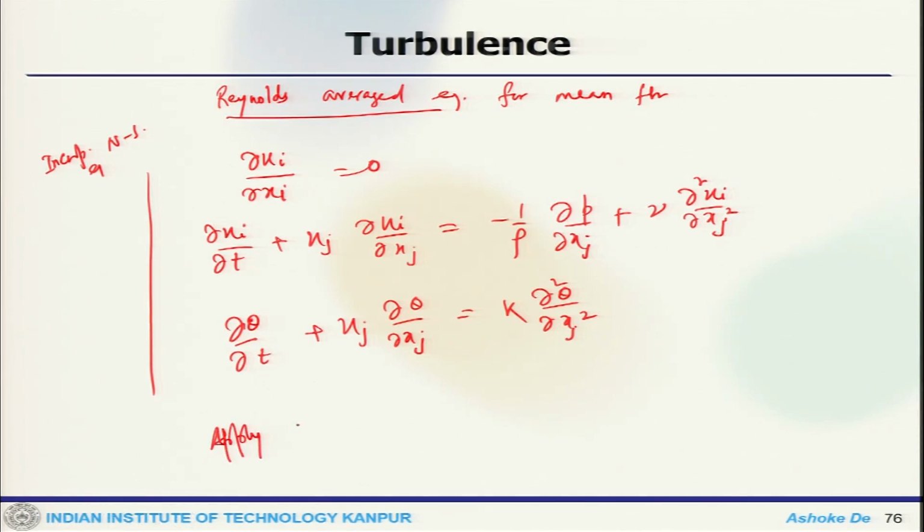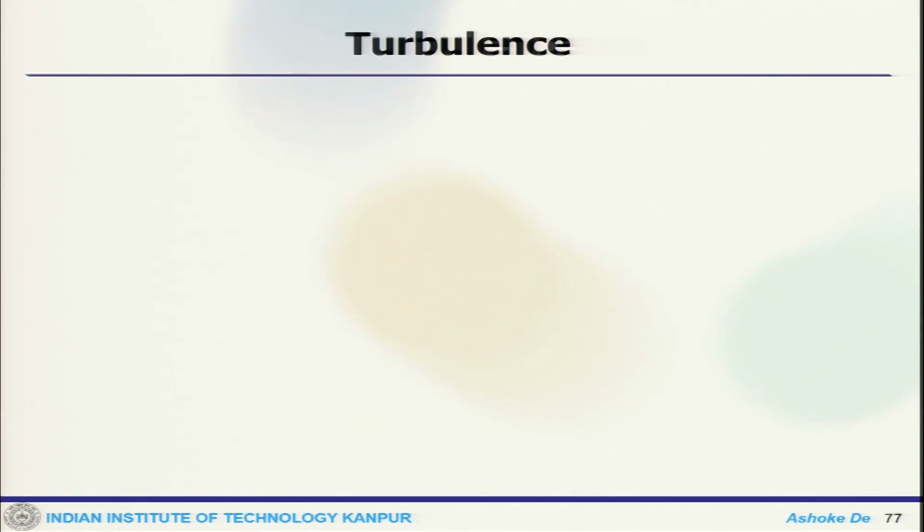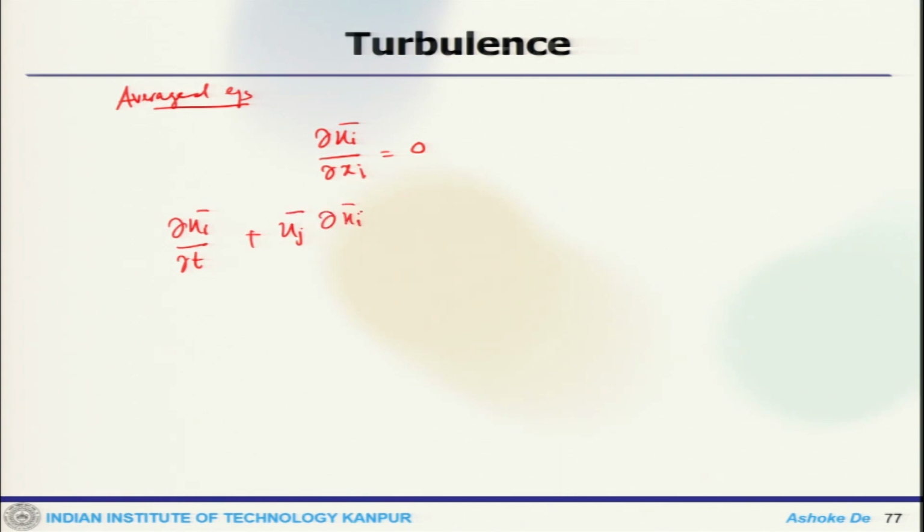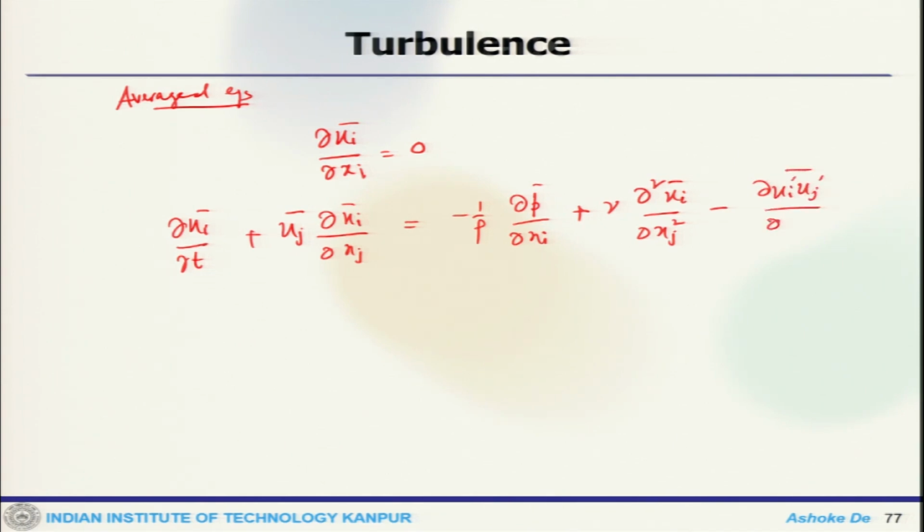So, once we apply Reynolds averaging to these equations, we can get the averaged equations. The continuity equation looks like del ui bar by del xi equals 0, and the momentum equation becomes del ui bar by del t plus uj bar del ui bar by del xj equals minus 1 by rho del p bar by del xi plus nu del 2 ui bar by del xj2 minus del of ui prime uj prime bar by del xj.